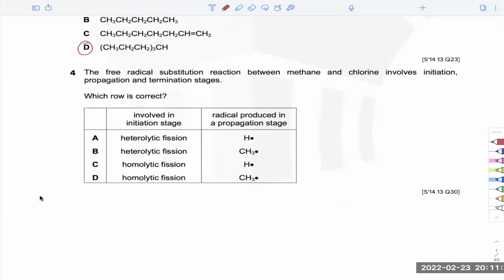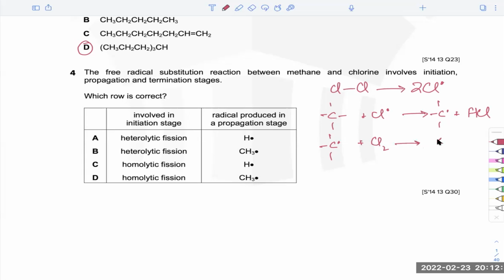The FRS reaction between methane and chlorine involves initiation, propagation, termination. Quick review: chlorine breaks down to produce chlorine radicals. This is initiation. That radical bonds with this thing, forms another radical and HCl, which then goes on to bond with chlorine and form chloromethane and a chlorine radical. So these two are propagation.